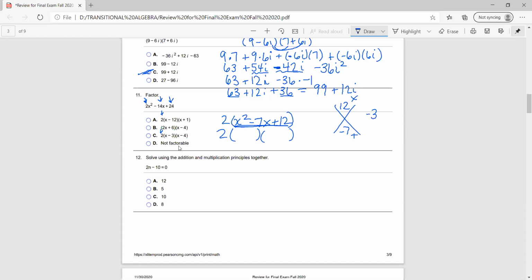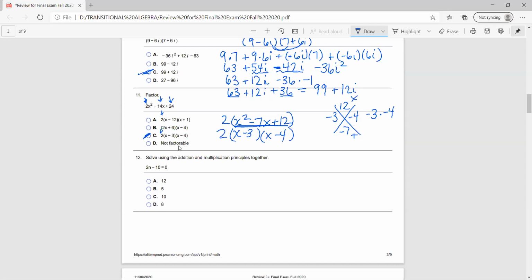So I'm thinking negative 3 times negative 4, because negative 3 times negative 4 is positive 12, but when you add those, you get a negative 7. Okay, and so this is where you would put x minus 3, x minus 4 in those spots. Okay, so on number 11, the correct answer is C.